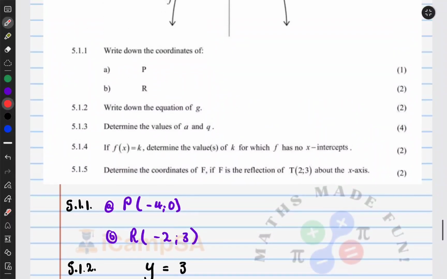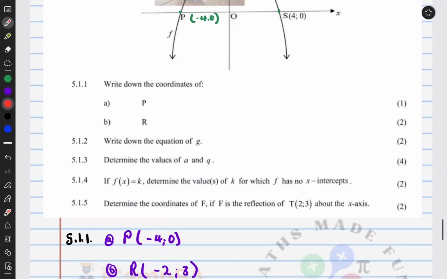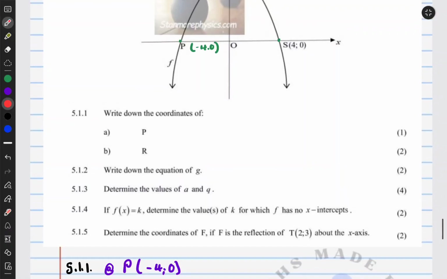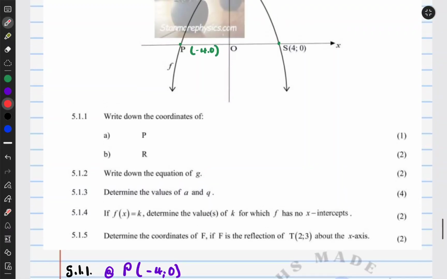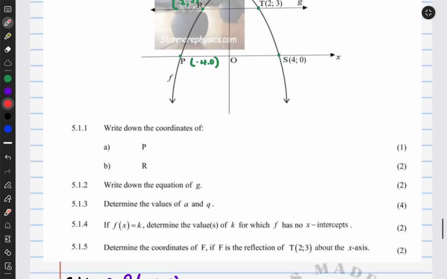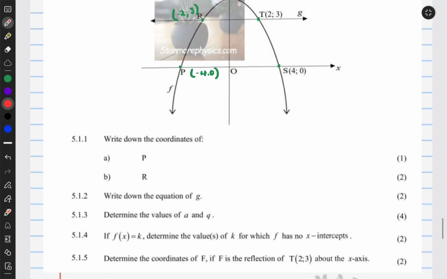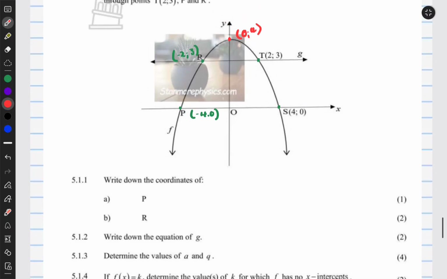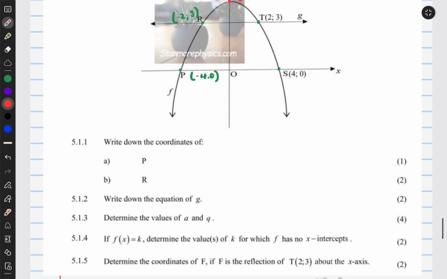If f at x is equal to k, determine the values of k for which f has no x-intercepts. So in order for the graph of f to have no x-intercept, it has to be below 0.